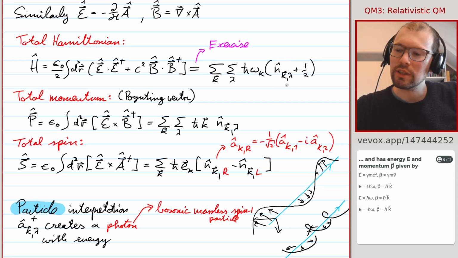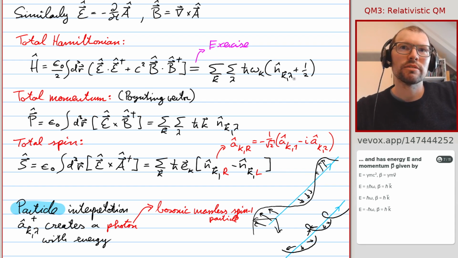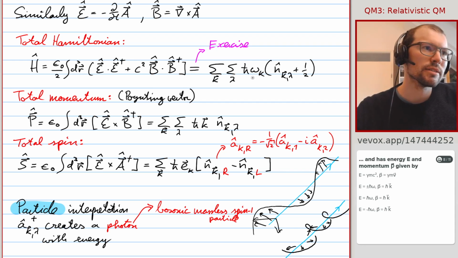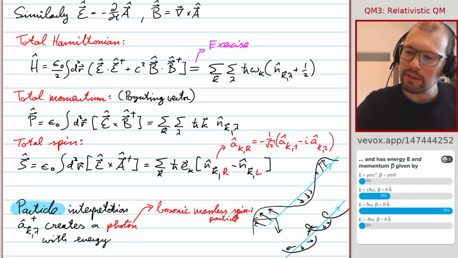So remember, this is the number operator. So for each quantum in this particular state, k lambda, I get an energy like this. And for each quantum, I get a momentum equal to h bar k.